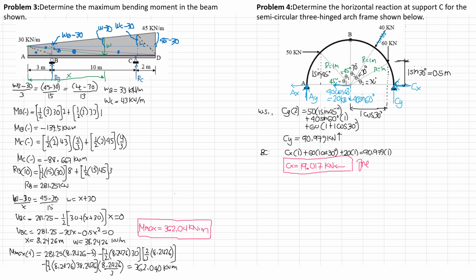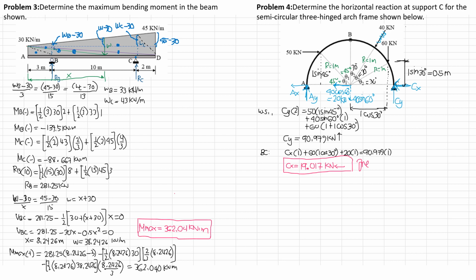Plus the moment of the upper triangle, 1/2 of 15 times 45. The distance of the centroid from the rightmost end is 1/3 of 15, so 5, but from C, 5 minus 2, so 3. The value of RB is 281.25 kilonewtons.